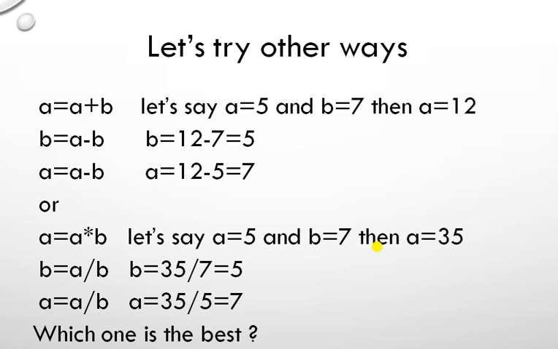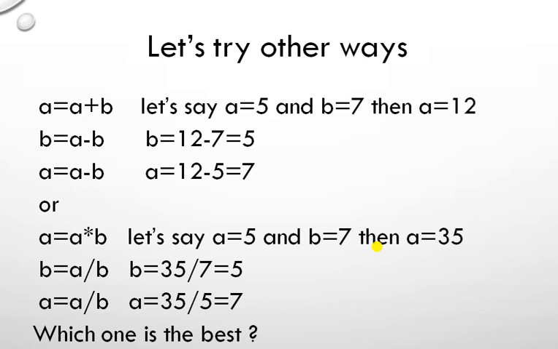Which one is the best? None of these methods is actually efficient. The most efficient way of swapping two numbers is using a third variable, because it is faster compared to these methods. These methods have some computation, and computation increases the CPU's time, so it will slow down your operation.